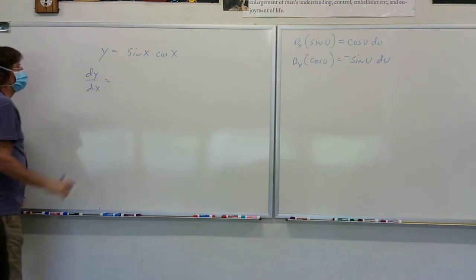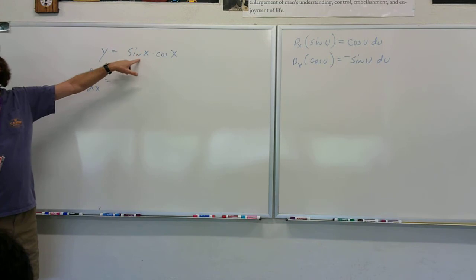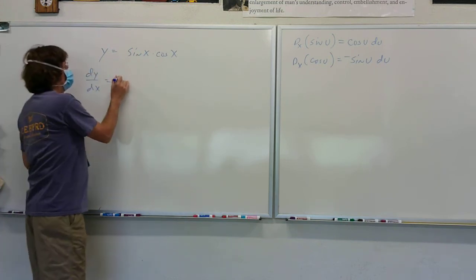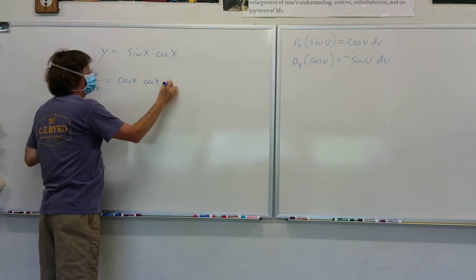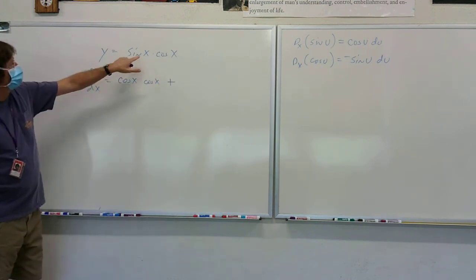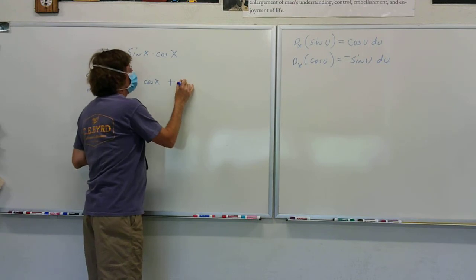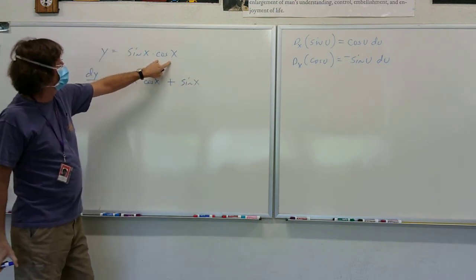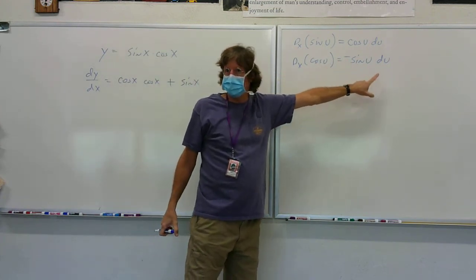All right. We're going to take the derivative of the sine x, which is what? Cosine x. Fair enough? So we're going to be cosine x, plus, then we're going to write down the sine x. Is that all right? And we're going to take the derivative of the cosine x. And the derivative of cosine x is going to be what? Negative sine x.